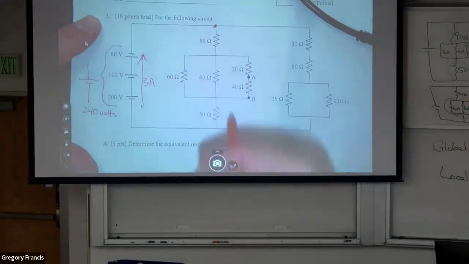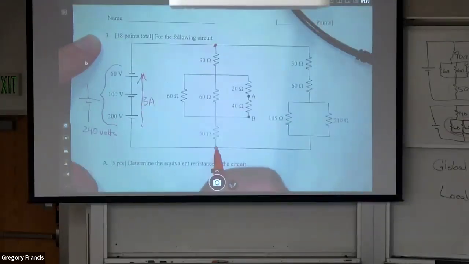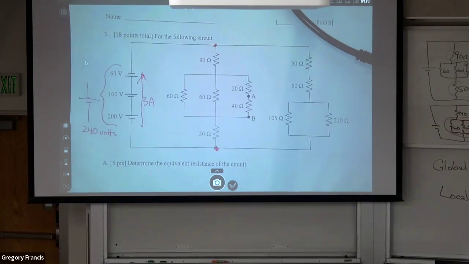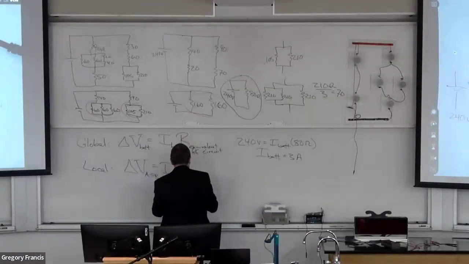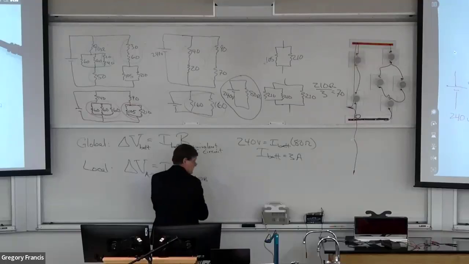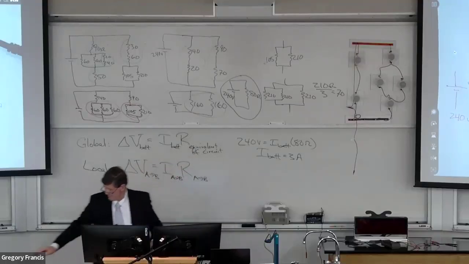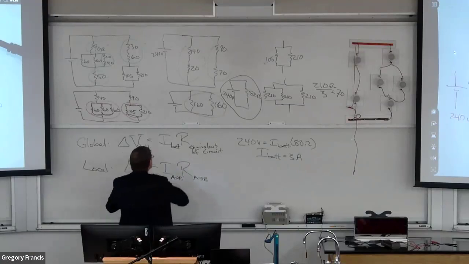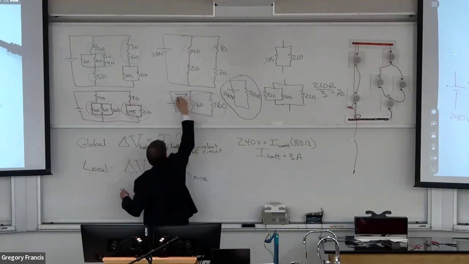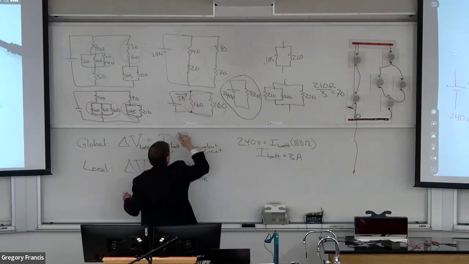And when it gets here, it splits and doesn't come back together till down here. And if I look at this picture right here, that's what it looks like. I've got 3 amps coming in here and it splits here and comes back together there.